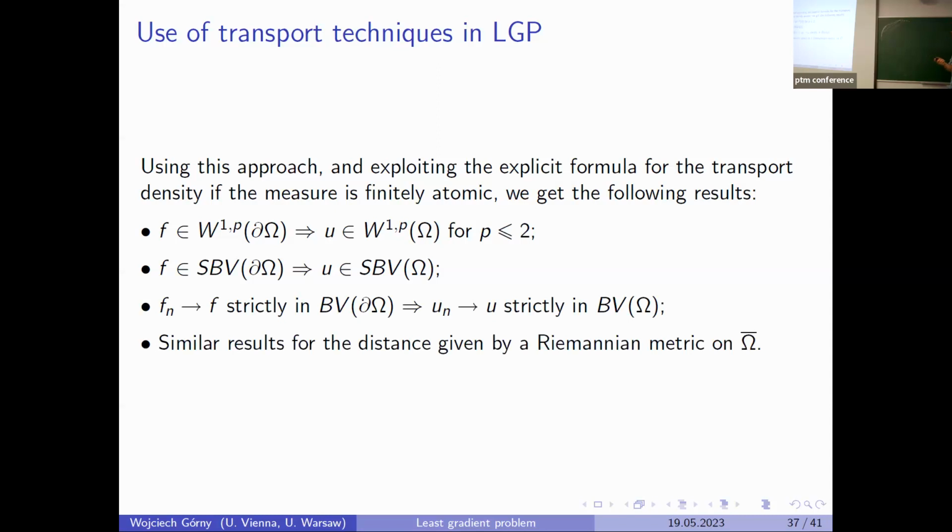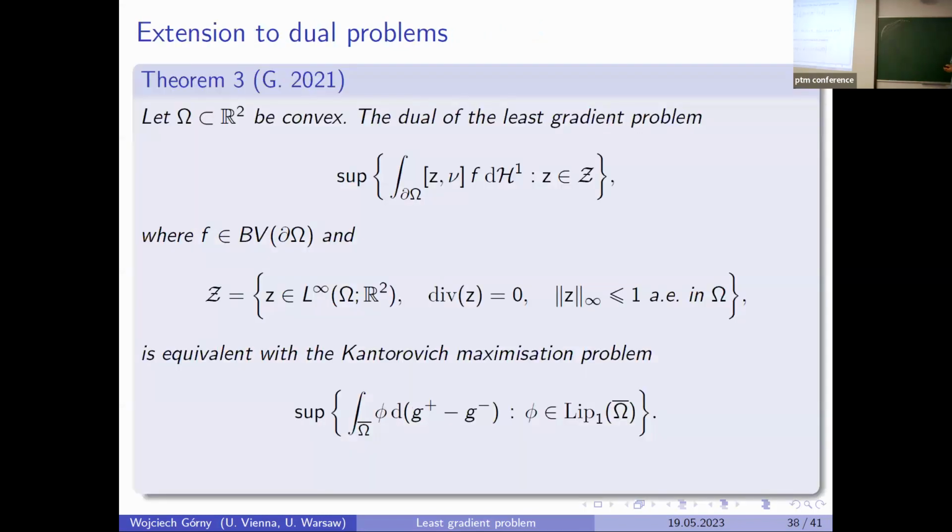And we can get similar results for the distance given by some Riemannian metric on omega. The note on which I want to end this talk is that the equivalence extends to dual problems, and it provides a second very nice geometric interpretation of the problem.